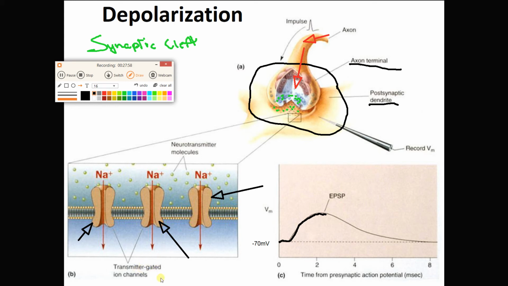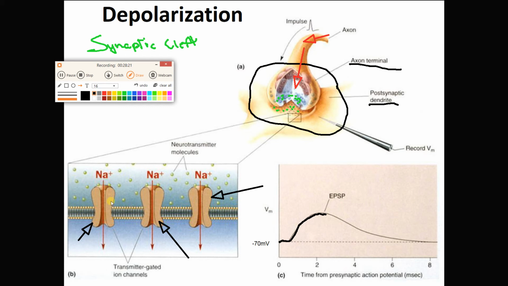If they're gated, that means they have a gate, which means they can be open or closed. Now, what do you think is going to open these channels? It's the binding of the neurotransmitters. The neurotransmitters bind to these channels, and it causes these channels to open.